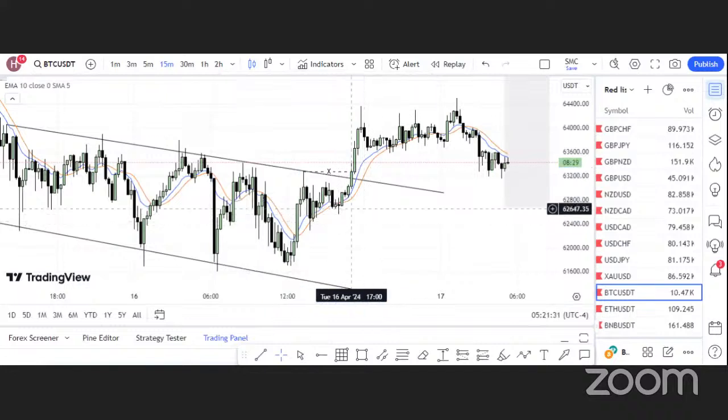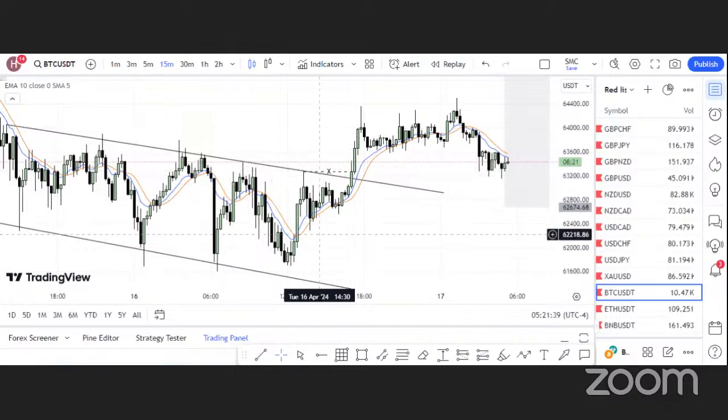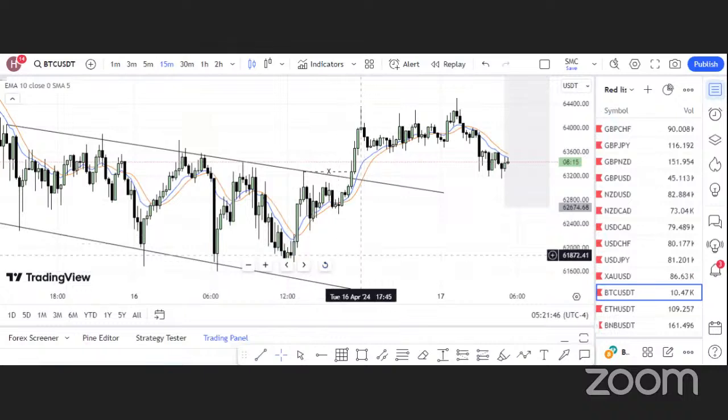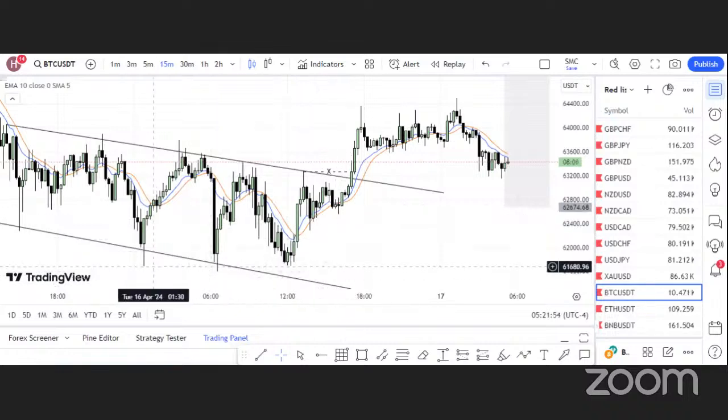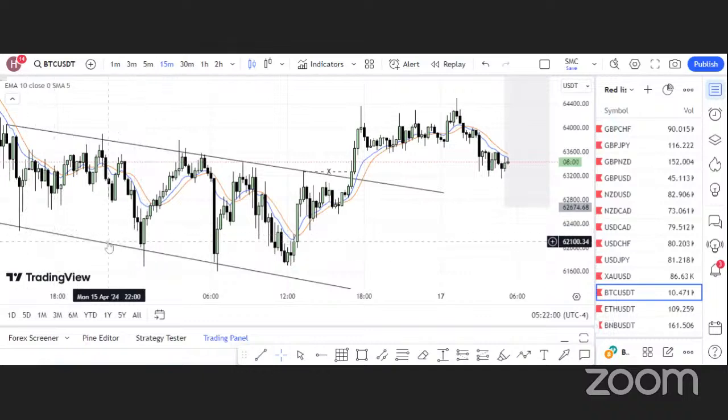So the market broke above the high, giving us a change of character because the initial movement here is a downtrend. But when the market came to this low, we were expecting the market to go below this level, because as you can see here, we have this low, and this low is lower than this previous low.